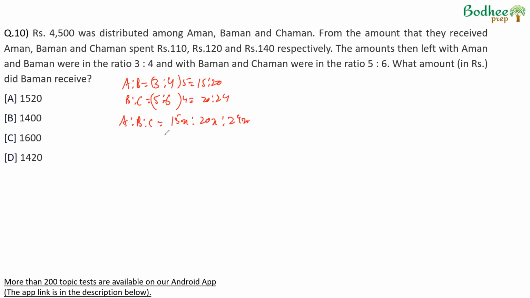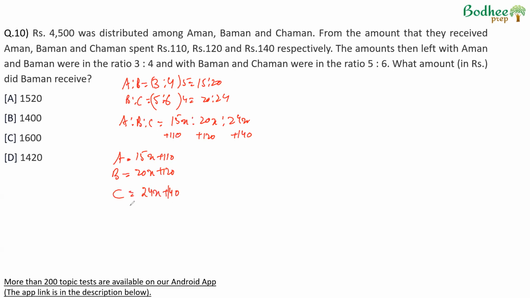This is after A spent 110 rupees, B spent 120 rupees, C spent 140 rupees. So initially A had 15x plus 110, B had 20x plus 120, C had 24x plus 140.